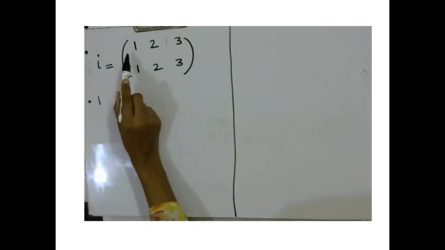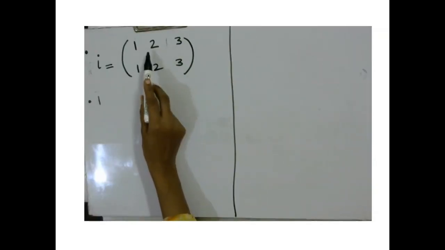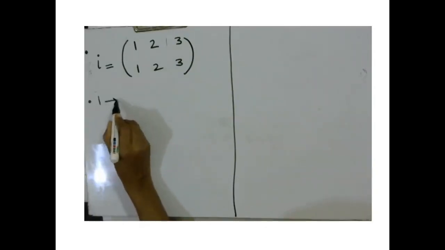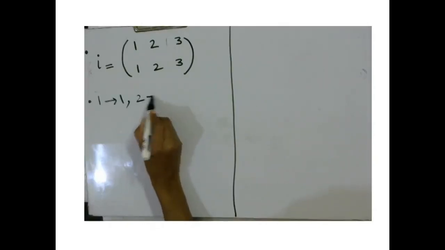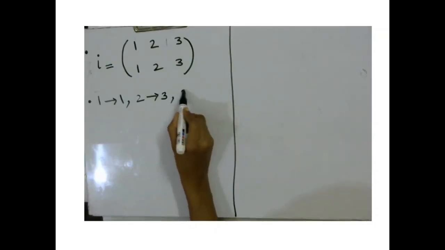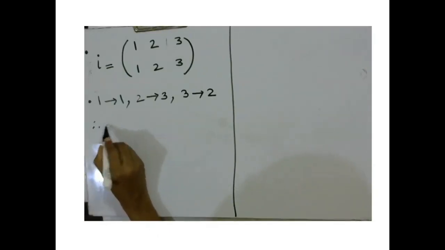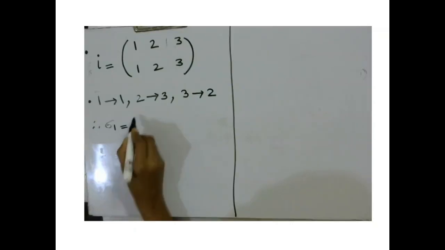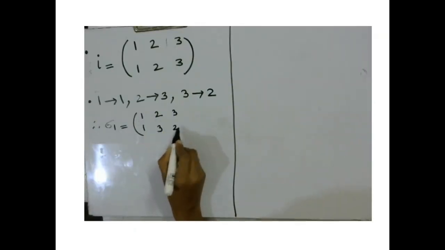When 1 goes to 1, for 2 you have two choices, either 2 goes to 2 or 2 goes to 3. We have taken 2 goes to 2 for 1 going to 1. So now we will take 2 goes to 3. When 2 goes to 3, obviously 3 has only one choice, 3 is mapped to 2. Therefore this permutation will be 1 mapping to 1, 2 mapping to 3, and 3 mapping to 2.